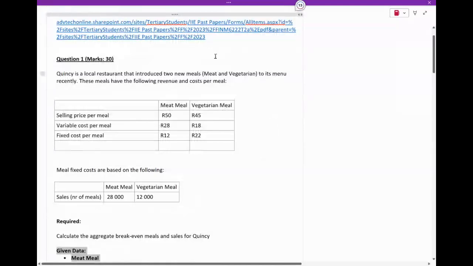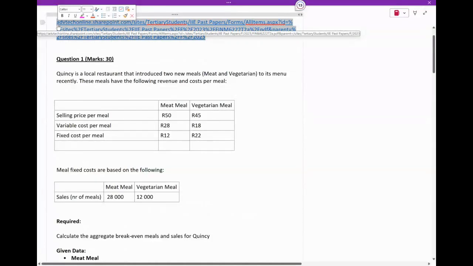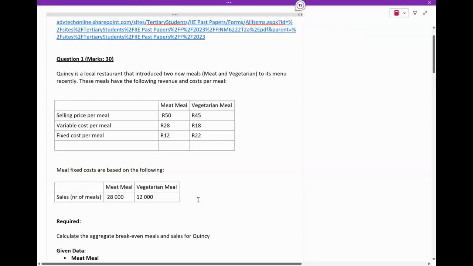On my suggested solutions, here's the link. If you ever want to look at the original paper, maybe there was a typo or something that isn't making sense, or you want to verify whether that is what was actually asked, you can always click on that and it'll take you to it. Here they're saying Quincy is a local restaurant that introduced 2 new meals, meat and vegetarian, to its menu recently.